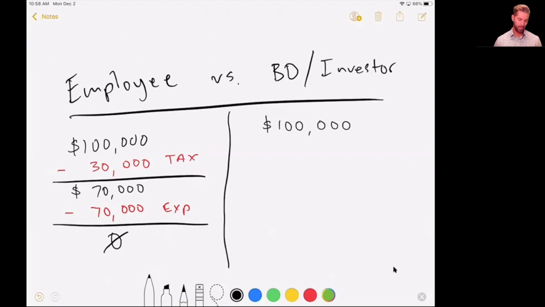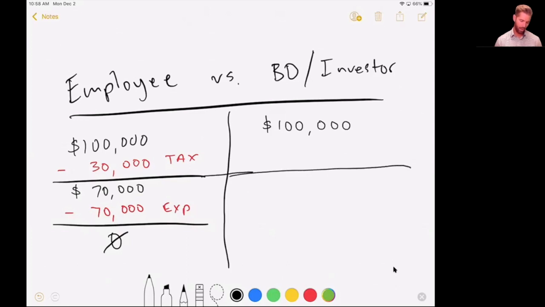Now, when we look at the investor or the business owner, this individual has the same spending habits, has the same income, but yet they get to approach life a little differently and can start doing some cool strategies that everybody should be doing. What happens is this becomes a line.